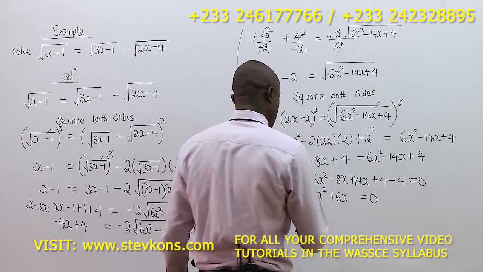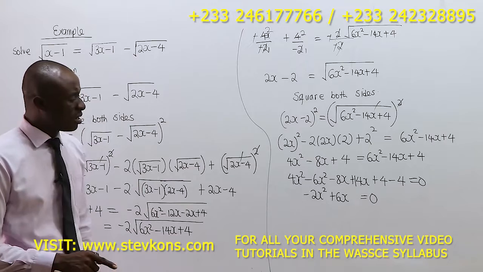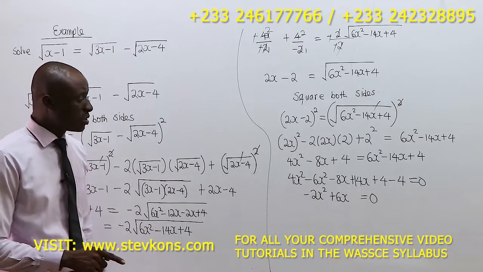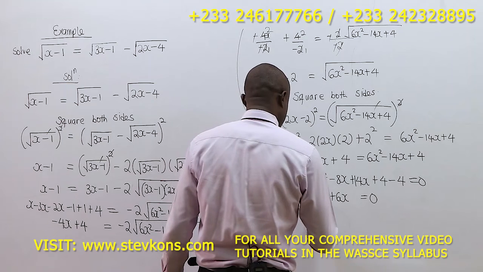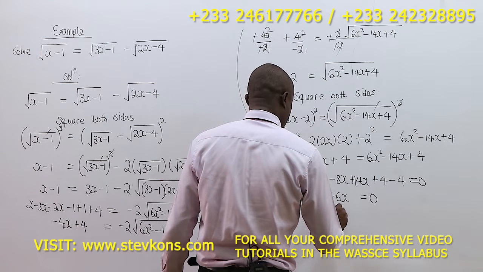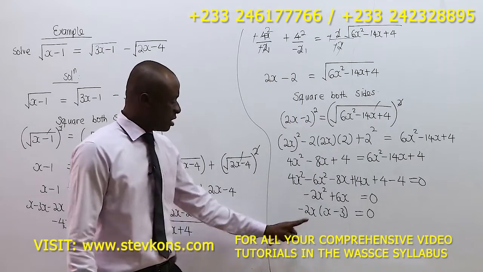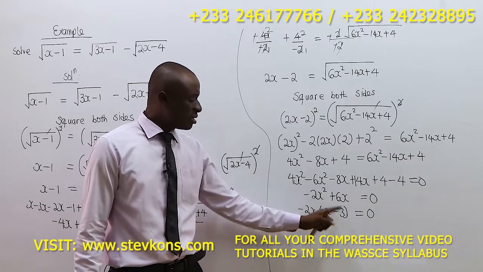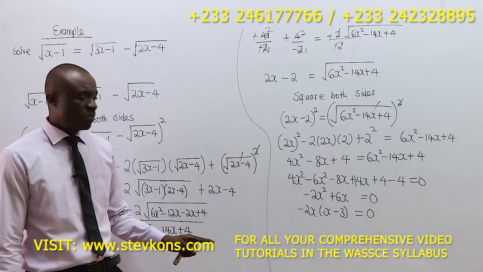Now, let's see, we have negative 2x squared plus 6x equals 0. What's the common factor? Negative 2x is a common factor, so you can factorize negative 2x out. What do you have? You have x minus 3 equal to 0. So we have two things multiplying to equal 0. We use the null factor principle.